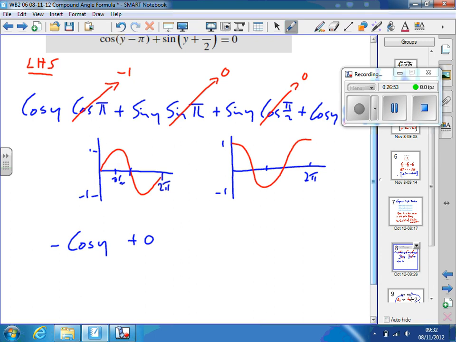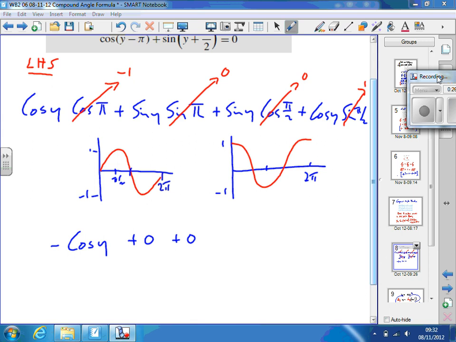The third term, anything times 0 is 0, so that's gone. And this one is cos y. And so now everything cancels out, and that equals 0, doesn't it? So therefore the left-hand side equals 0. And we then say that we proved it. We proved the left-hand side equals the right-hand side.